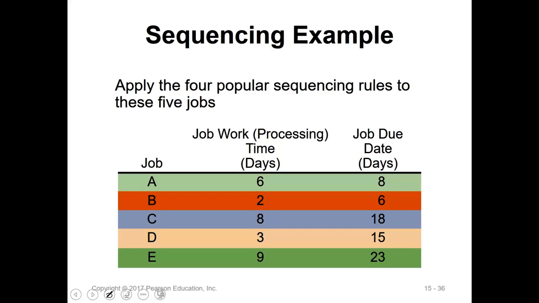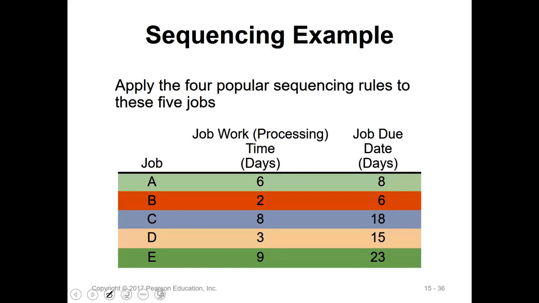Here we have jobs A, B, C, D, E. These 5 jobs, and the job processing time in days. So A, you need to work 6 days to finish A. 2 days to finish B, and C, D, E are here.